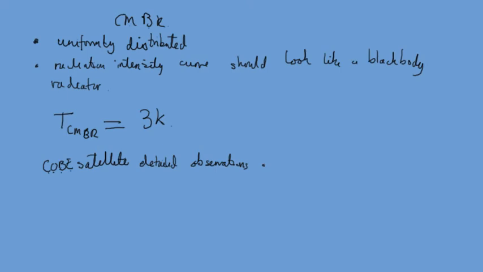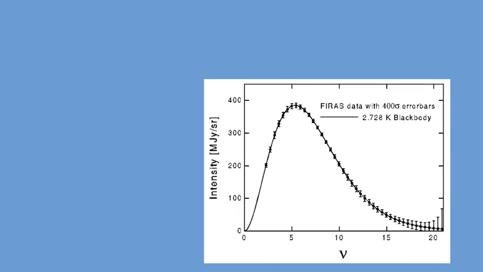So this is what they discovered. They measured the intensity and the wavelength, and this was the curve that they came up with. If you remember, this is our black body radiator curve, and it fitted nicely with what was expected from the predictions.